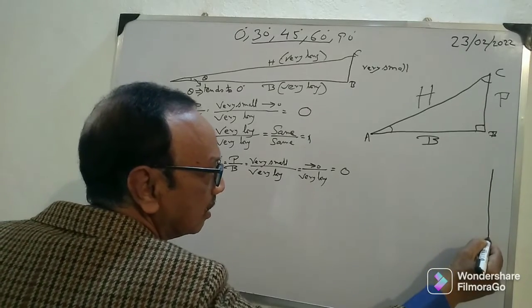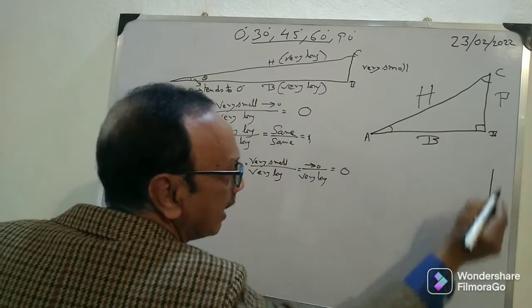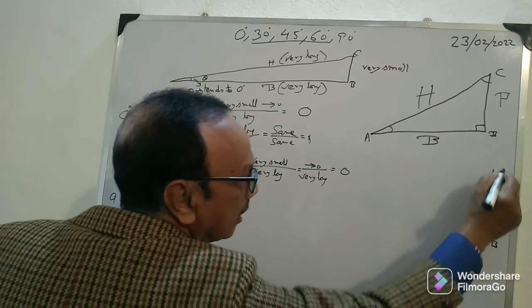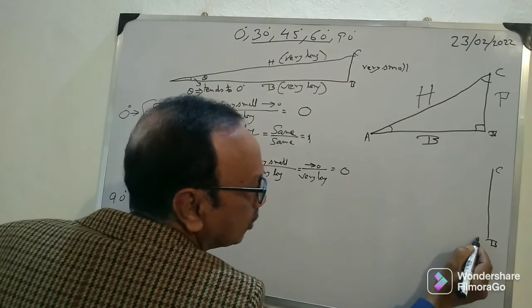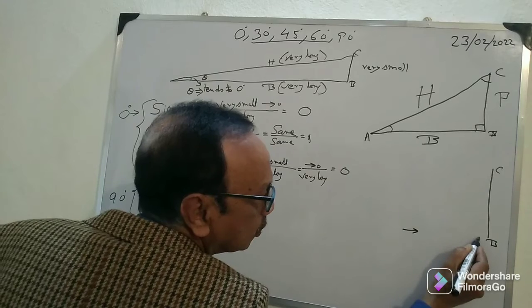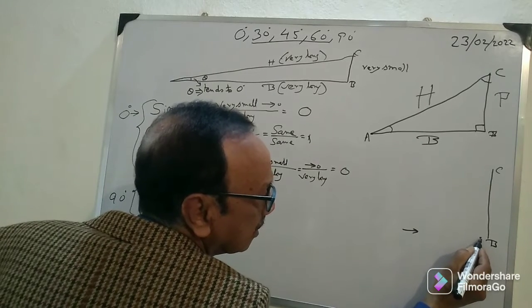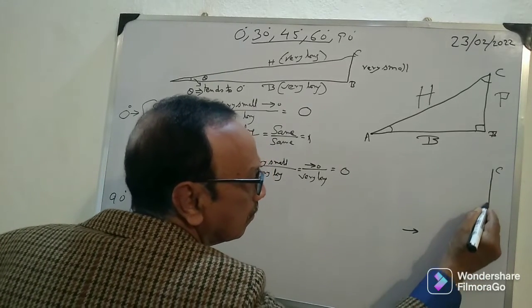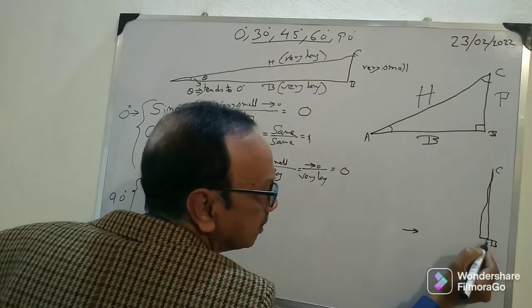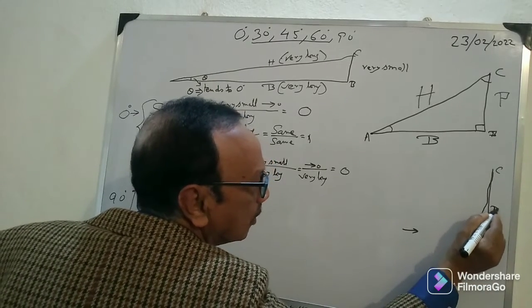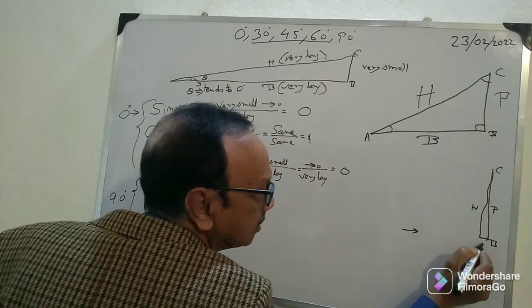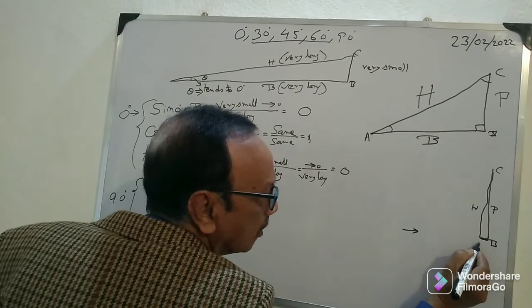This is a tower, and point A approaches B. That means point A will come from this side to almost nearby B. So in this case, it is a perpendicular, it is the hypotenuse, and this is the base, very small.